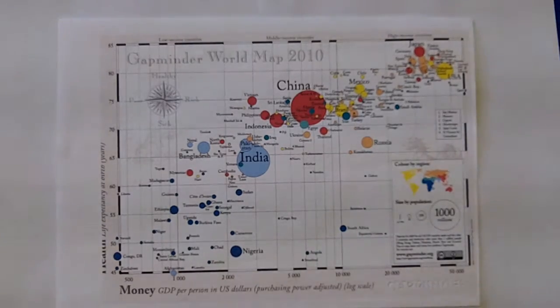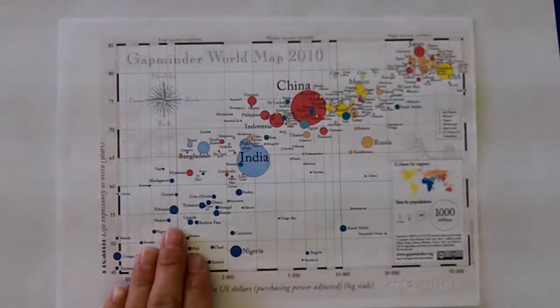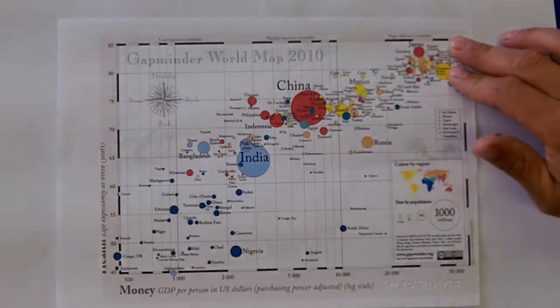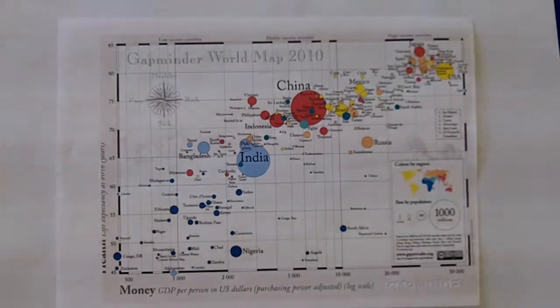And whilst you can see there's a clear trend of countries that are less developed down here and more developed up here, how you try and divide them is really, really difficult. And in reality, you can't really put certain countries in certain boxes.